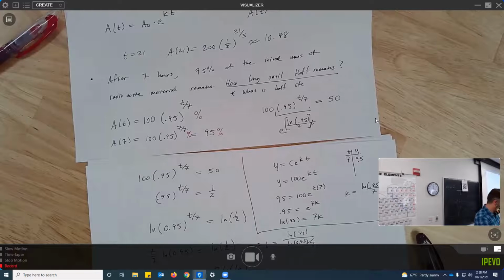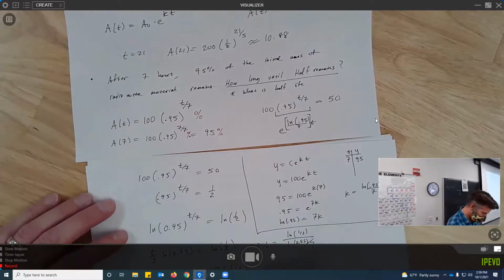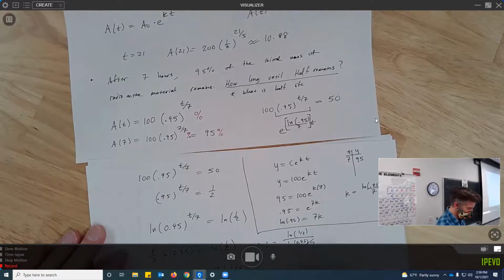I'm sorry, times 7 divided by natural log. Oh my gosh. So obviously I never should do it this way. It's about 91-ish, 92-ish. It takes about 92 hours.